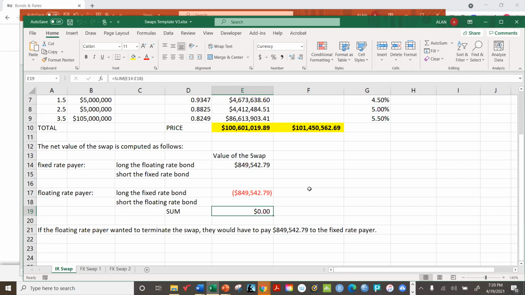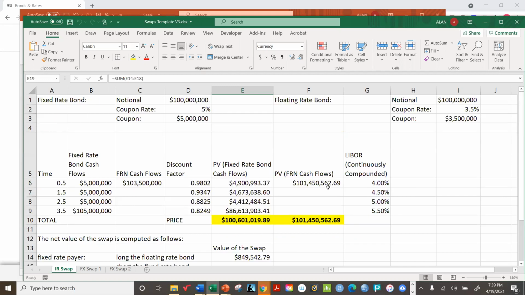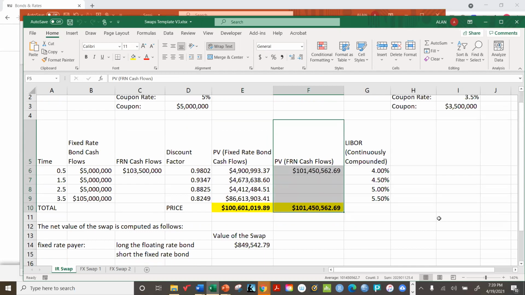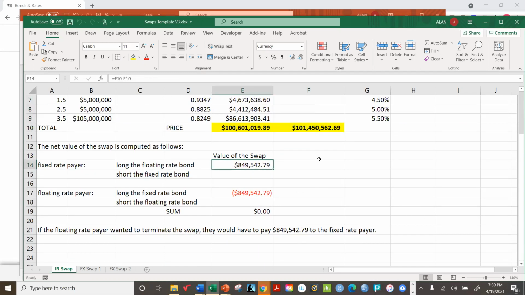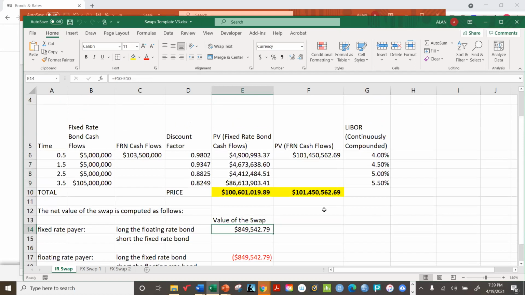All right, so I think this example is the easiest way to understand what we're doing. Ultimately, we're taking the price of the fixed rate bond and comparing it to the price of the floating rate bond. And the difference works in the favor of one side or the other. The fixed rate payer, it's equivalent to owning the floating rate bond and having sold the fixed rate bond.